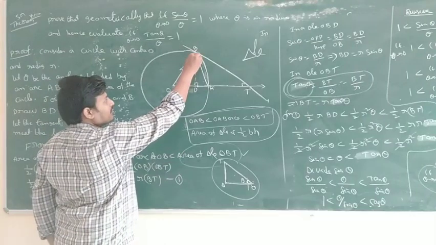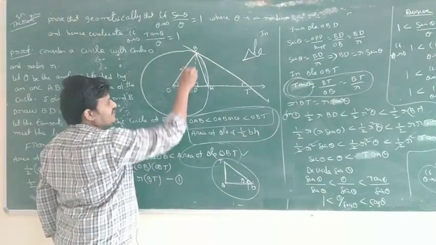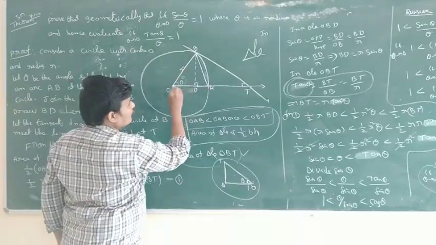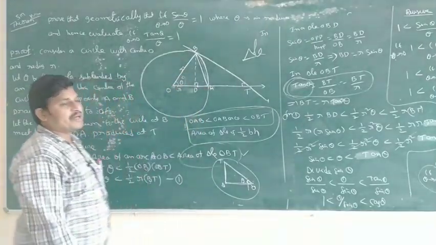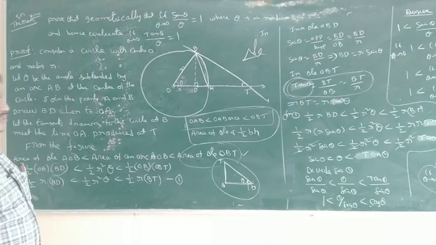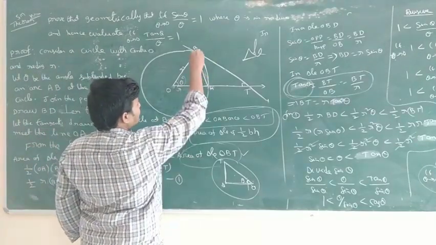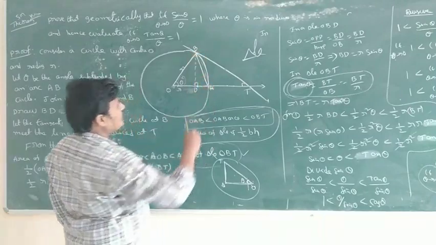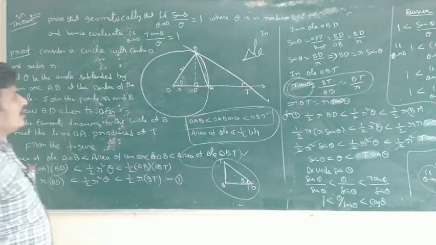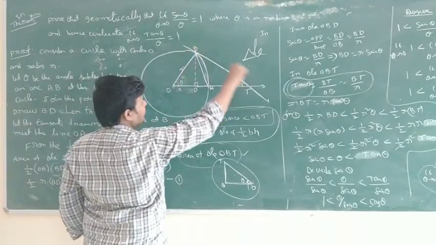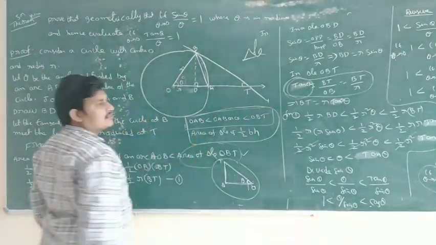This is B, from B to D. BD starts from B on the line OA, perpendicular to OA. Next, draw the line AB, and the tangent BT.